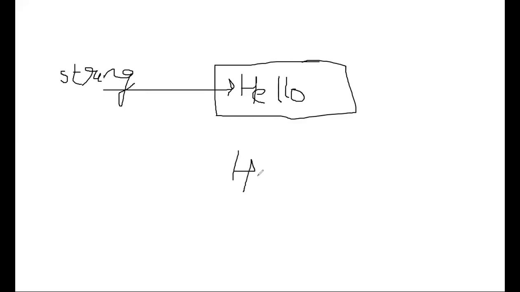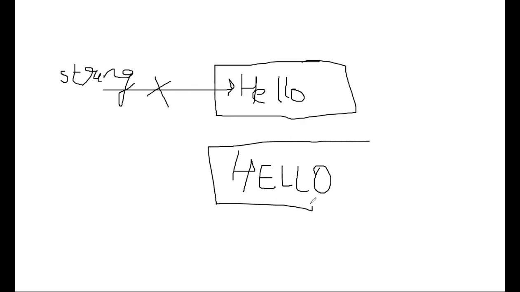So upper will return us a new string, which will be something like HELLO in caps. And because we know we cannot modify a string, we just remove the reference of the old string from the variable and it starts pointing to a new string, which was in uppercase. So we cannot access the old one now. It will just store this uppercase thing, right?